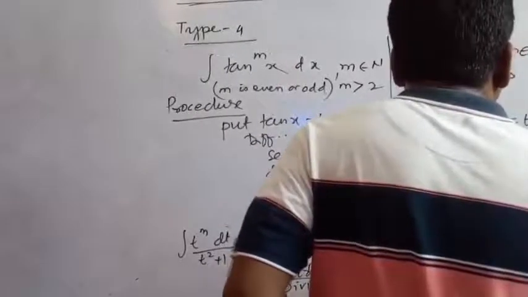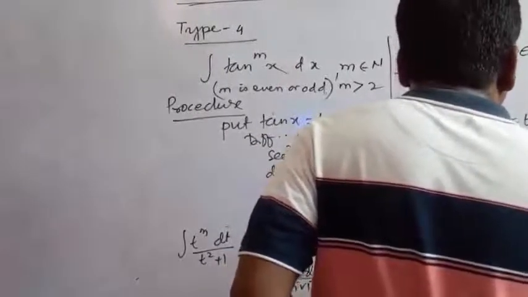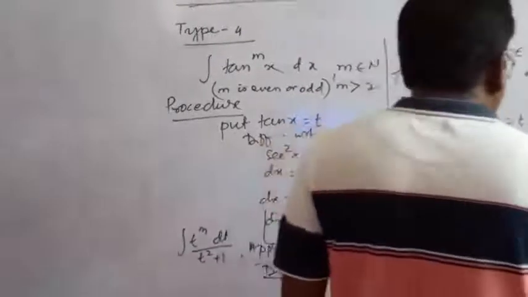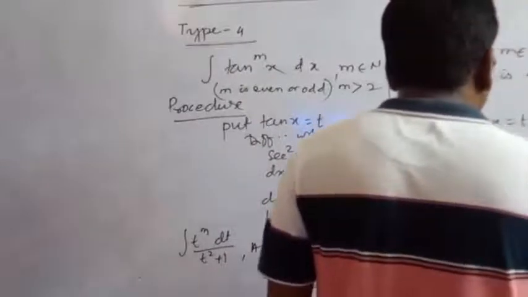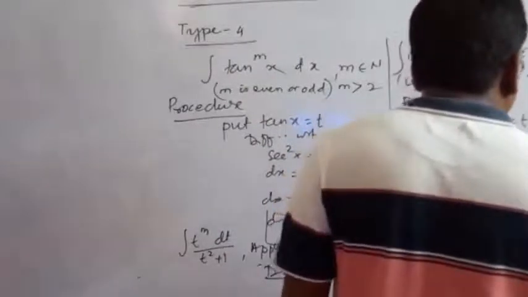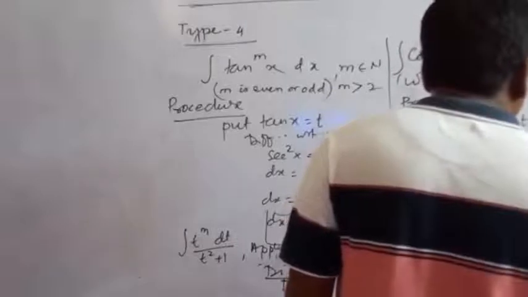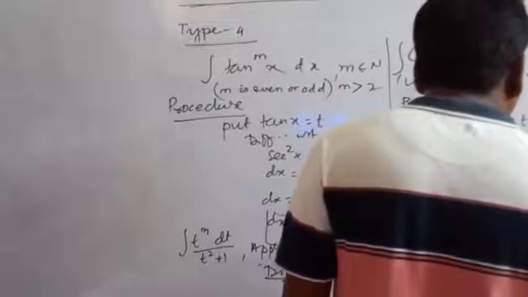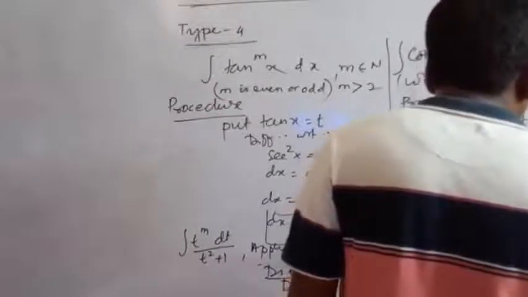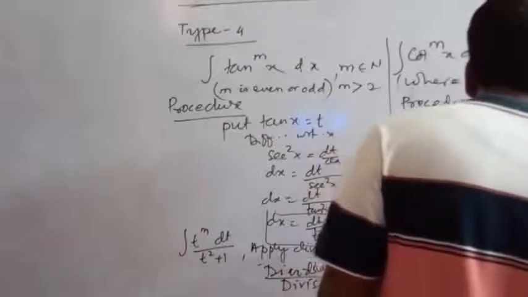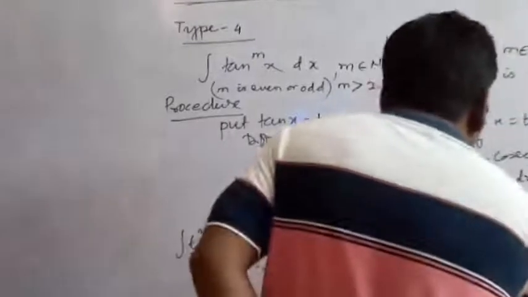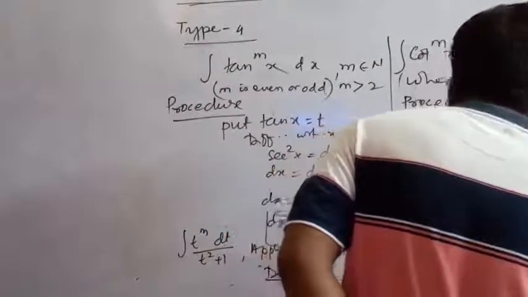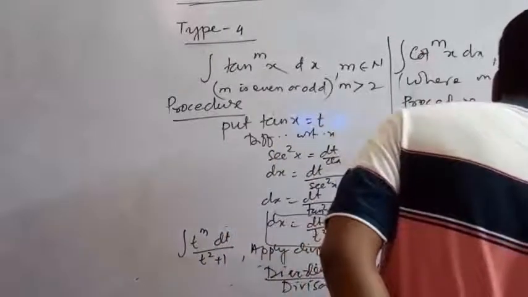So dx is equal to minus dt by cosec square x. Cosec square x is equal to 1 plus cot square x, so dx is equal to minus dt by t square plus 1. Now this will be t to the power m by t square plus 1 dt. Apply the division rule.